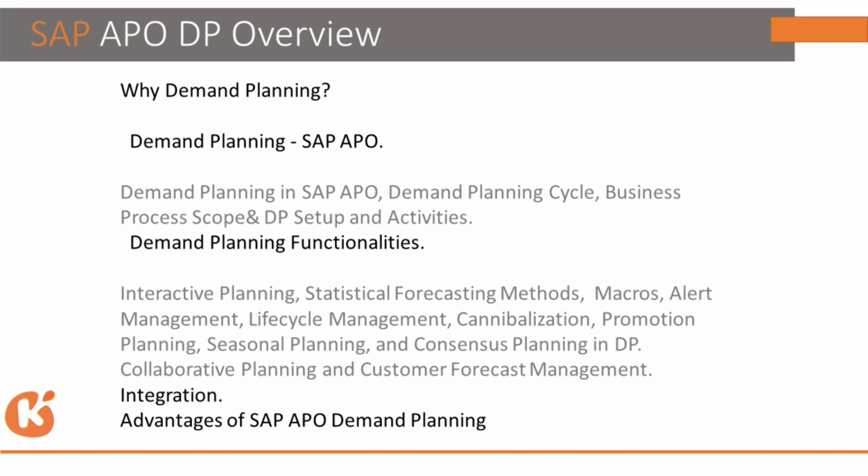Then the demand planning functionalities, like interactive planning, statistical forecasting, macros, alerts, life cycle planning, etc., and how it is integrated to the other systems, and the advantages of demand planning. These are the topics we are going to cover in this presentation.